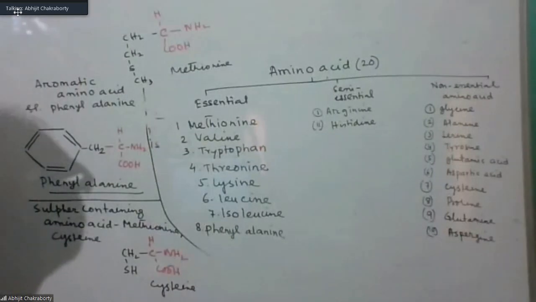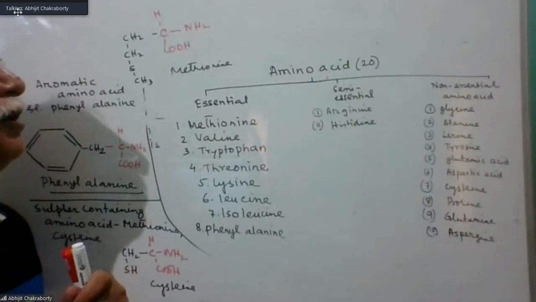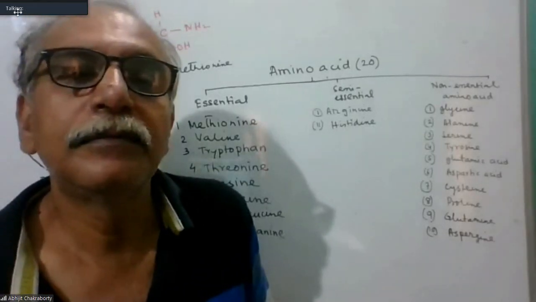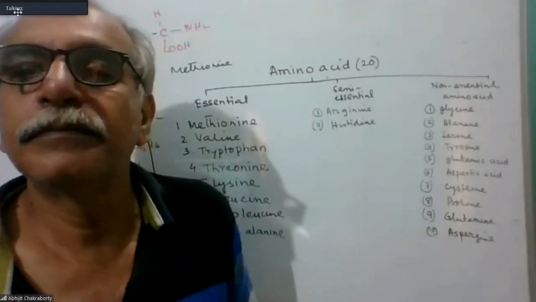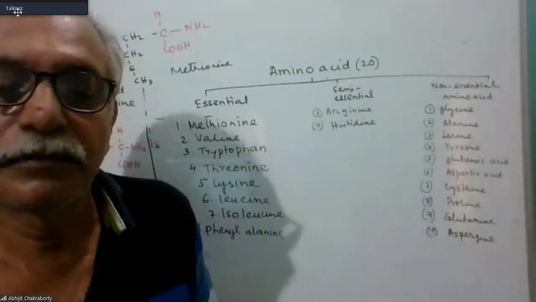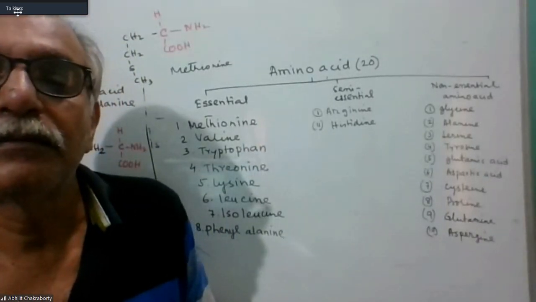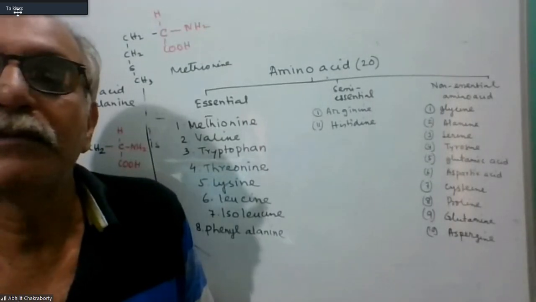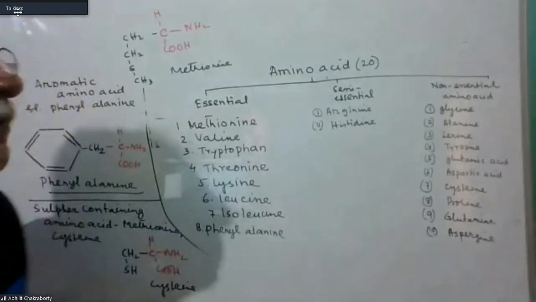So these are the 20 amino acids which are required in our body. Clear?